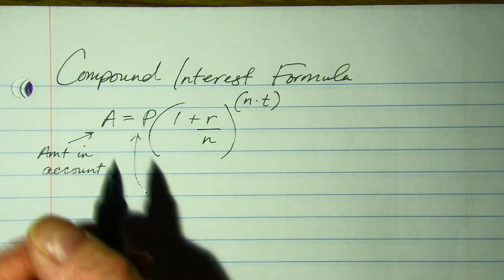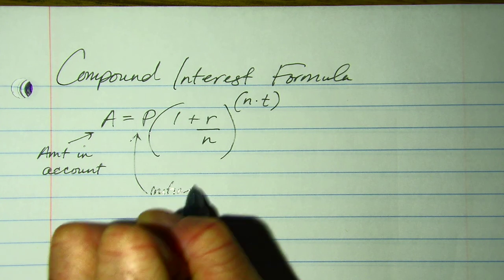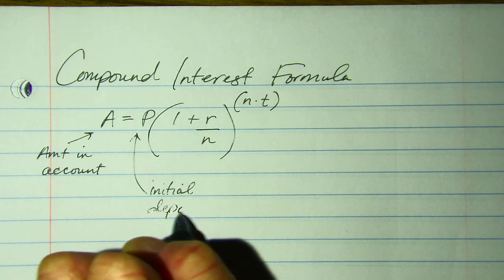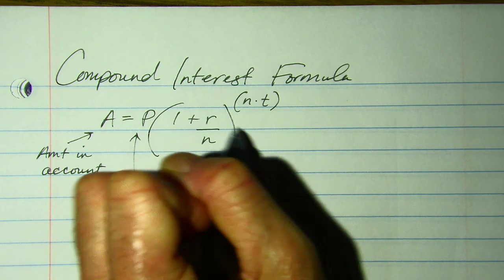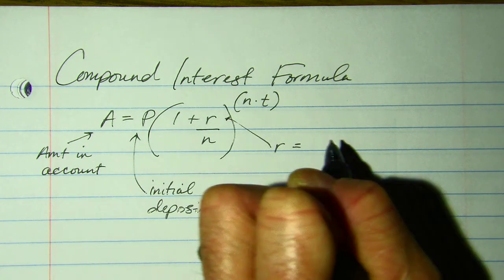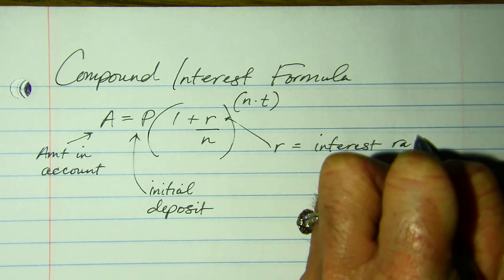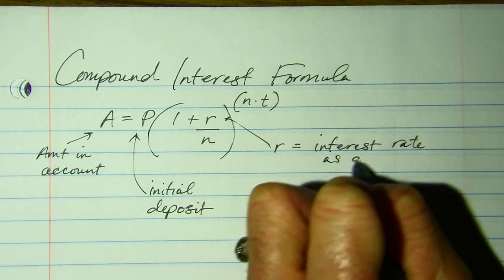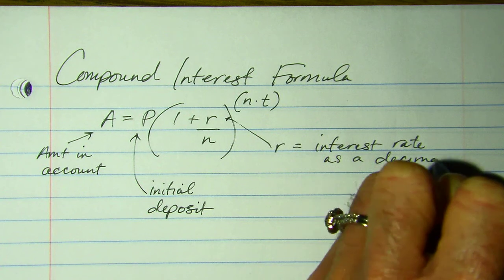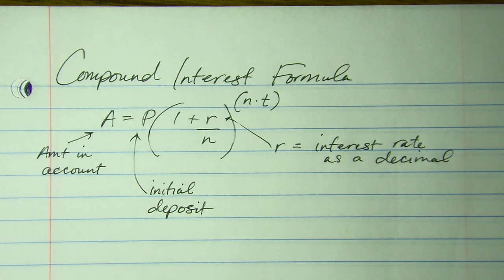P is the initial or beginning deposit. R is our interest rate as a decimal. Okay, they always give it to us as a percent. We have to be smart enough to know I can put a percent in my calculator. I have to convert it to a decimal.